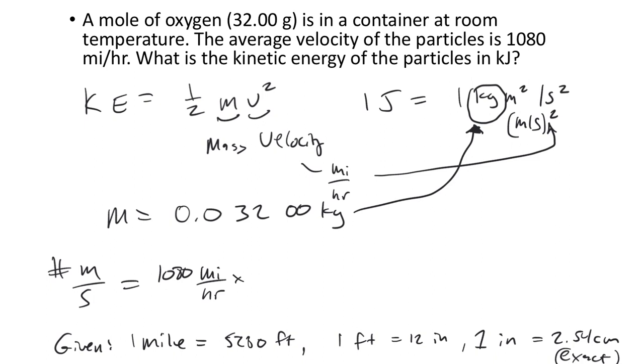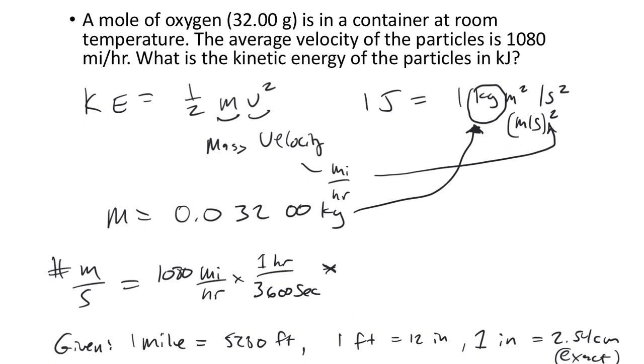We probably wouldn't give you the hour and the second. I think we'd expect that you would know that if we want to go to meters per second, 1 hour is 60 minutes, and 60 minutes is 60 seconds, so that's 3,600 seconds. Then we would do the conversion over to centimeters and ultimately meters. We'd expect that you would know 100 centimeters in a meter.